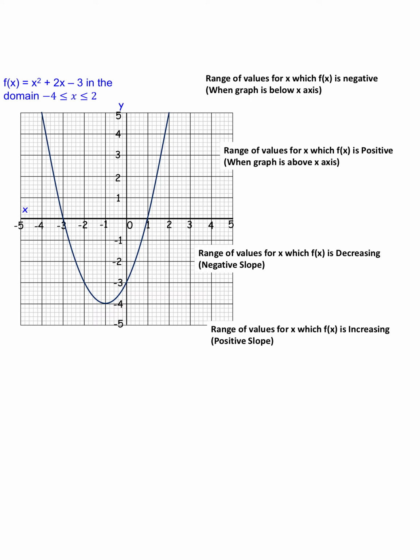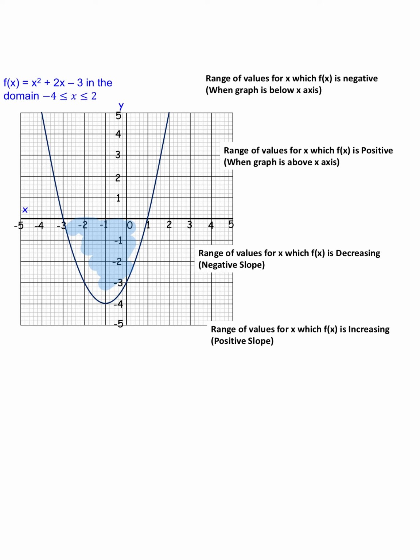Okay, so some more questions for this graph. The range of values of x for which f of x is negative. Okay, this is when the graph is below the x-axis. So I can see that this graph is below the x-axis in this region here.